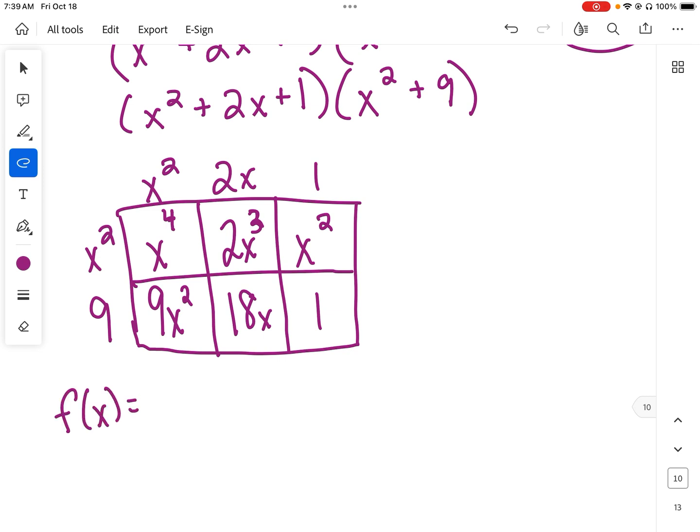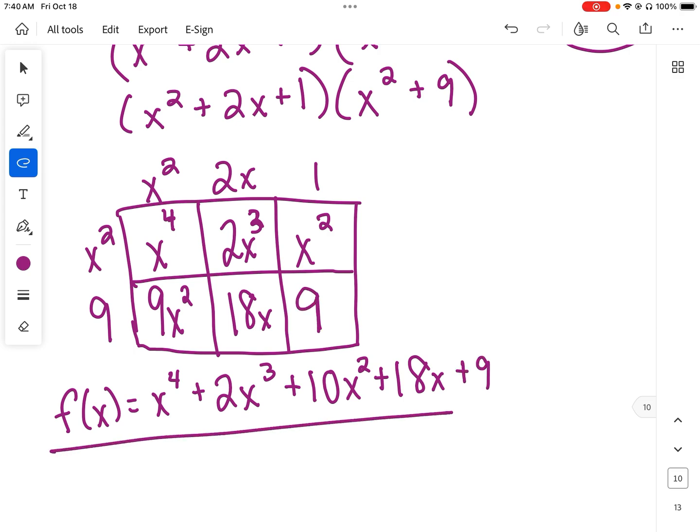So f of x equals x to the 4. And then we only have one cubed, which is 2x to the 3rd. And then 9x squared and 1x squared make 10x squared. And then plus the 18x. Oh, plus 9. There we go.